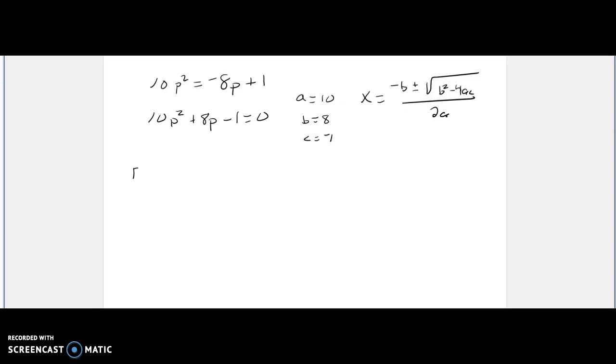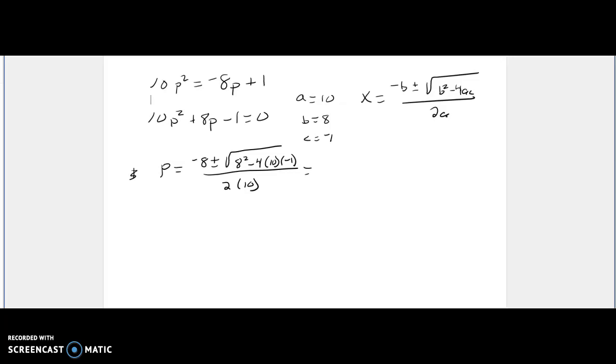So I know that p equals negative 8 plus or minus the square root of 8 squared minus 4 times 10 times negative 1 all over 2 times a, which is 10.